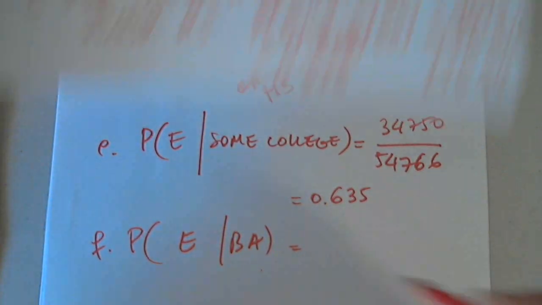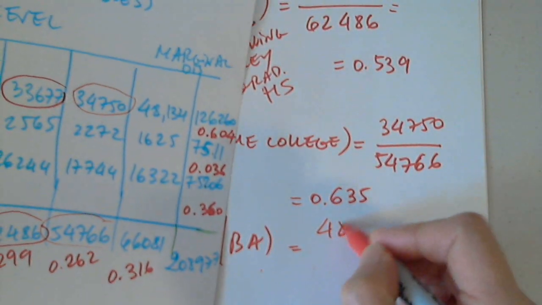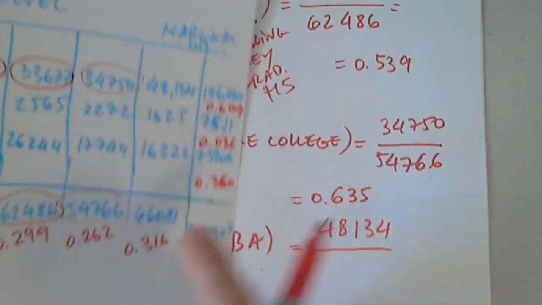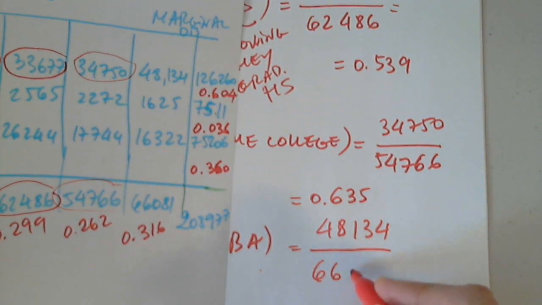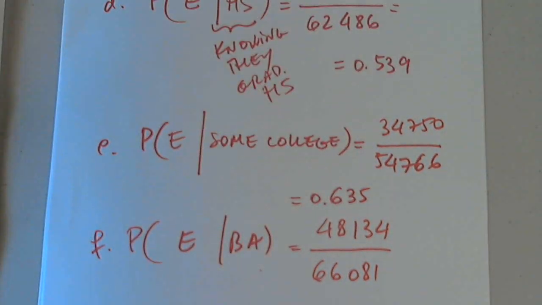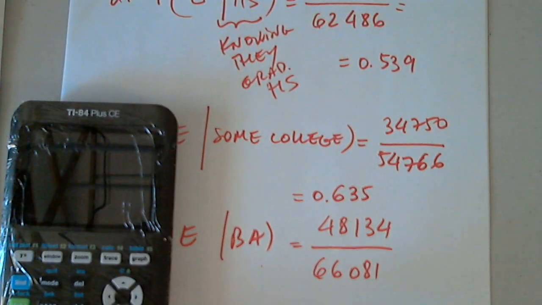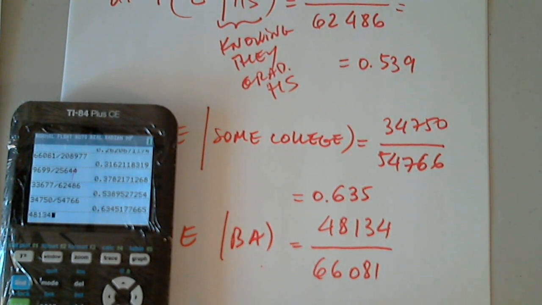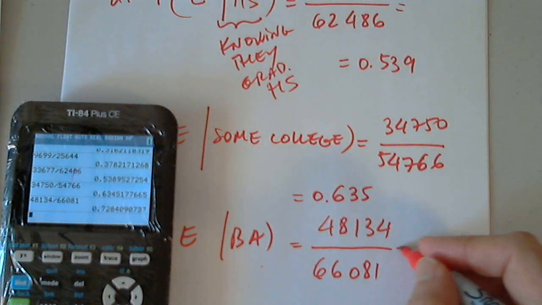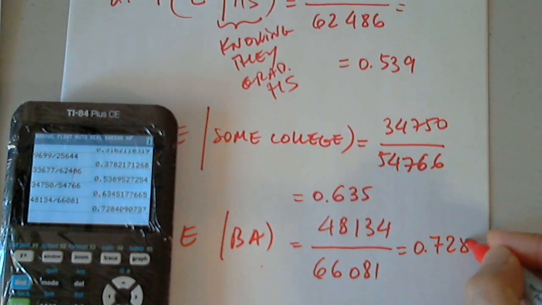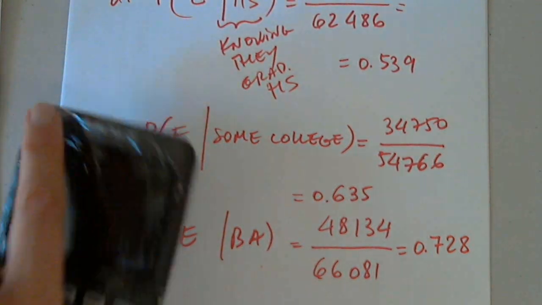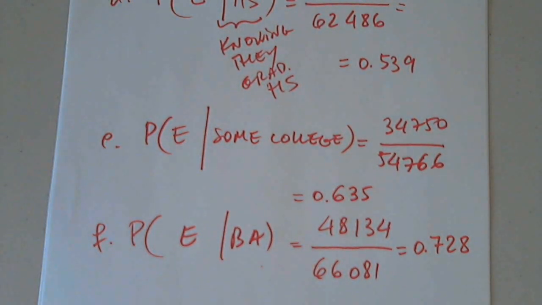So that would be 48,134 divided by their total of 66,081. Yeah. So I got 0.728. We learn a lot from these contingency tables, as you see, and we can answer a lot of questions.